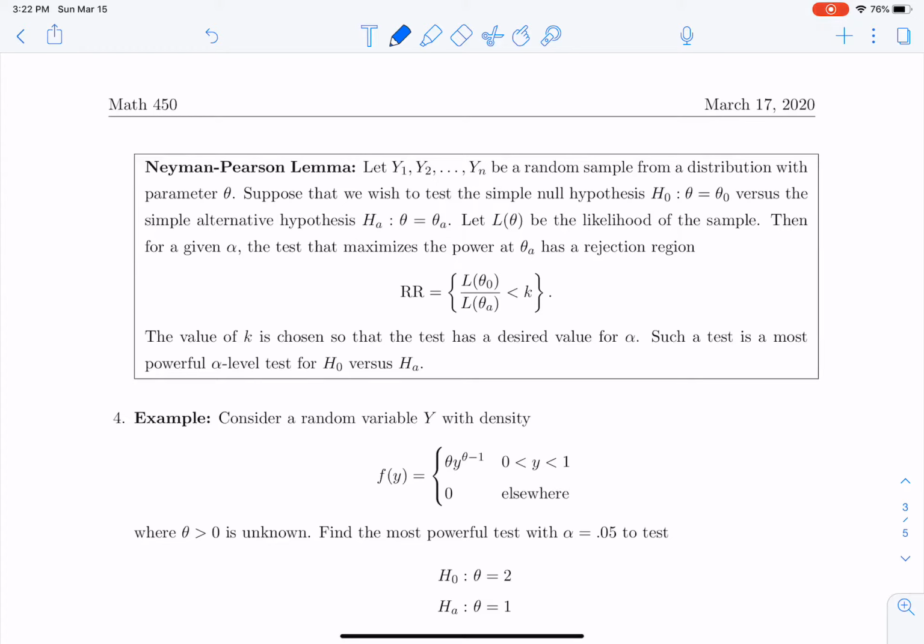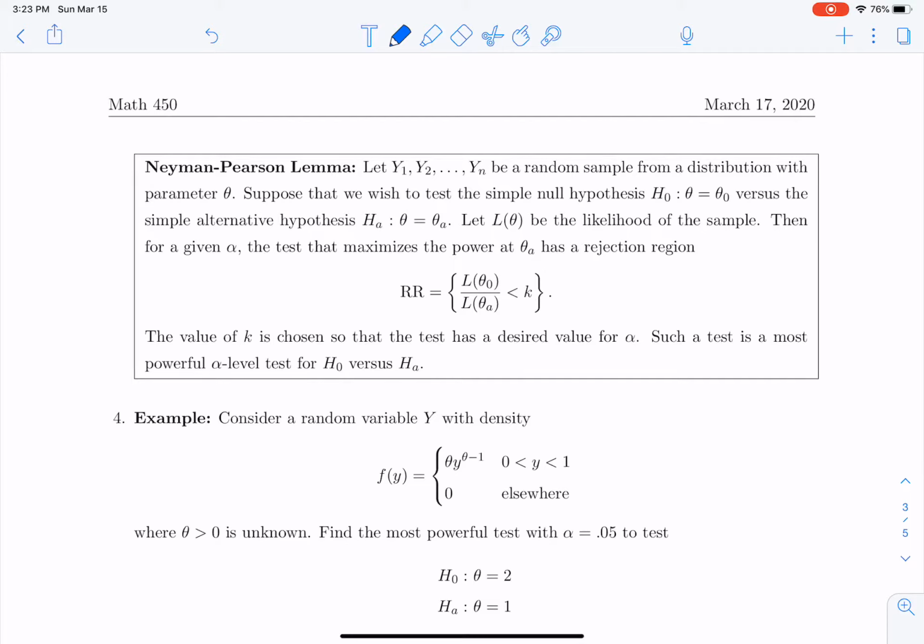Then for a given alpha, the test that maximizes the power at theta a has a rejection region of the likelihood of theta 0 over the likelihood of theta a is less than k. And the value of k is chosen so that the test has a desired value for alpha.